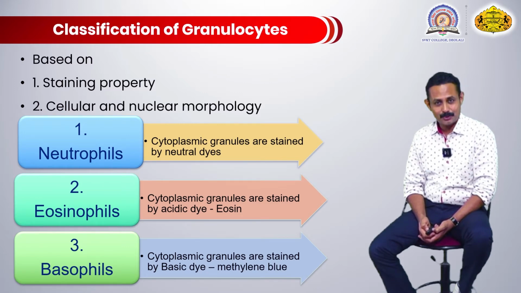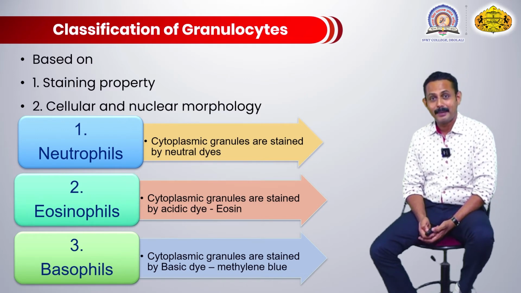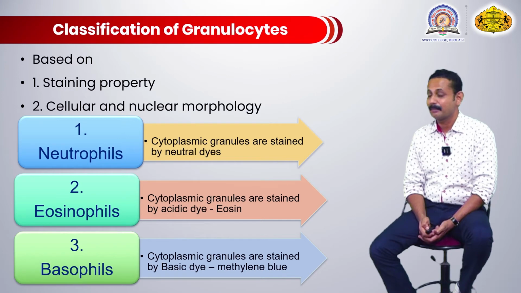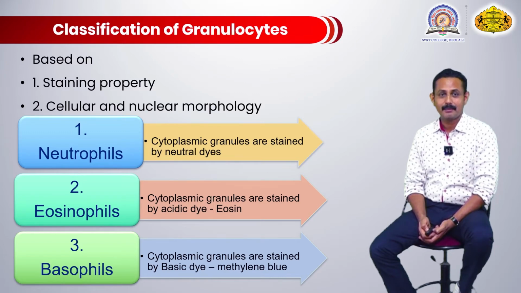Then the eosinophils, which are stained by eosin. Eosin is an acidic stain, that's why acidophilic granules are present in them. Next are basophils, because they are stained by basic dyes like methylene blue. So these three types of granulocytes are there: neutrophils, eosinophils, basophils.